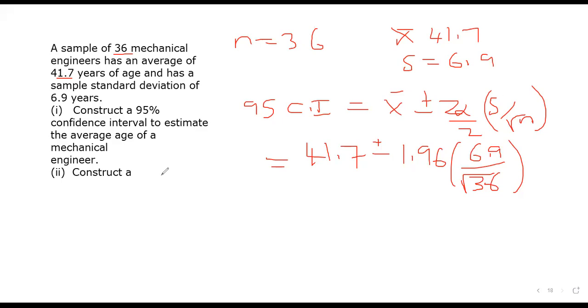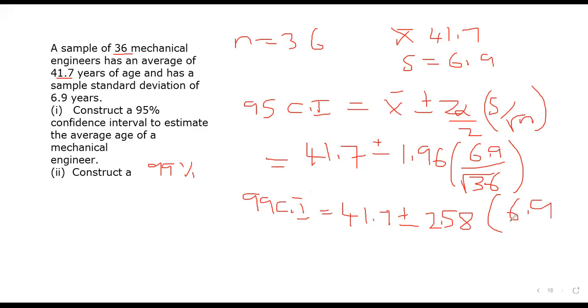Yes. And here, the 99% confidence interval will simply be 41.7 plus minus what? 2.58. Correct. And here we have 6.9 over root what? 36. So in the previous example, they were manipulating the sample sizes.